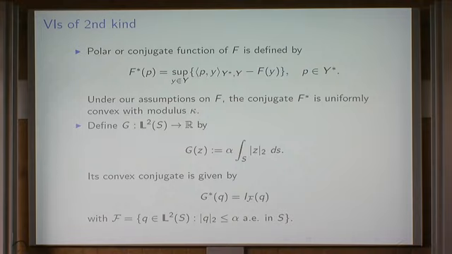So if you look at the conjugate of the norm function here, the conjugate is an indicator function of the set F, which is all L2 vector fields or quantities which have a pointwise norm not greater than alpha, almost everywhere. Okay, so this is observation number 1. So in this particular case, ignoring the operator B, we can get this conjugate.